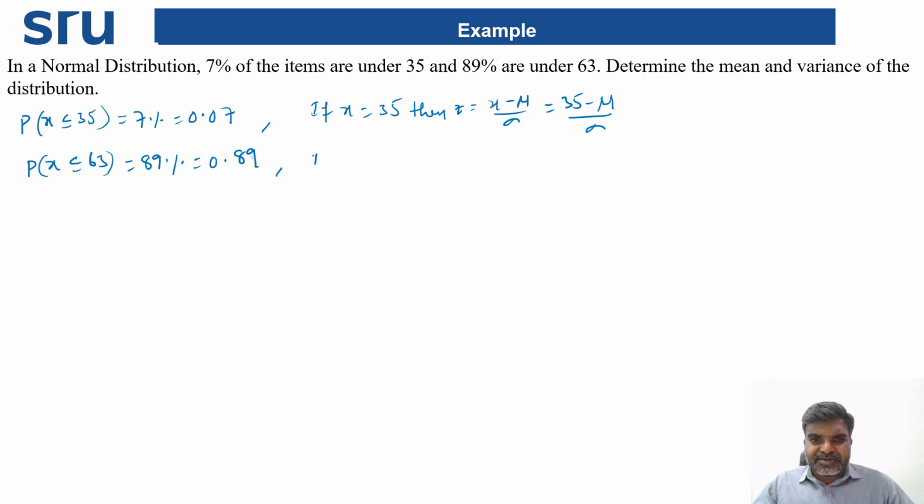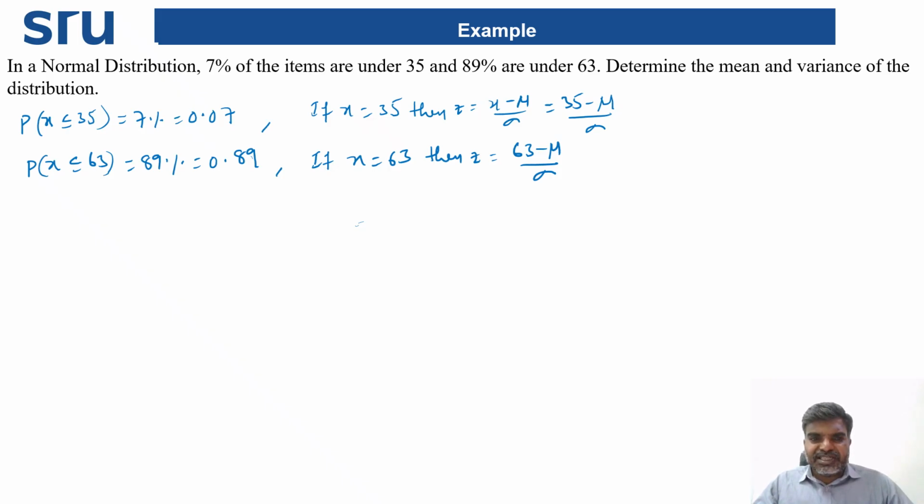In second case, if x equal to 63, then what is z? X minus mu by sigma again. So 63 minus mu by sigma. Okay, so we don't know what is the z exactly. If we know z value, then from these two equations we can calculate mu and sigma. Let us see what is z.